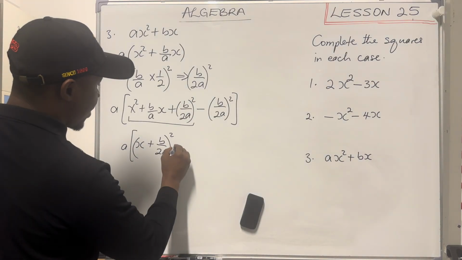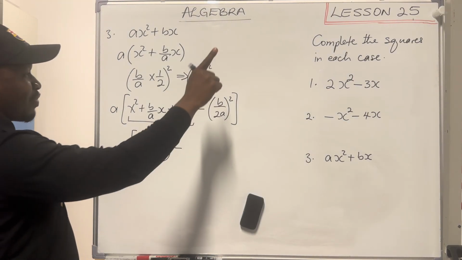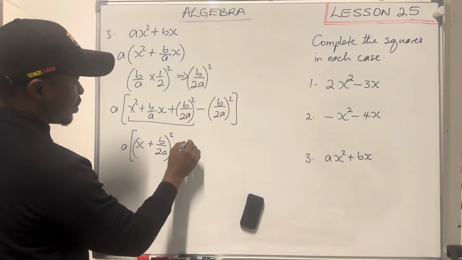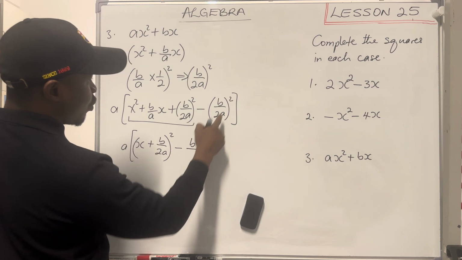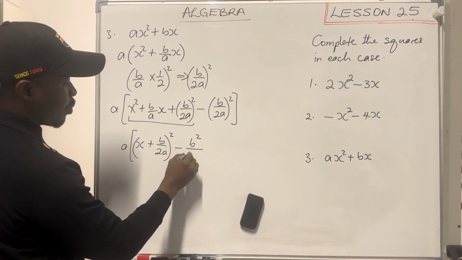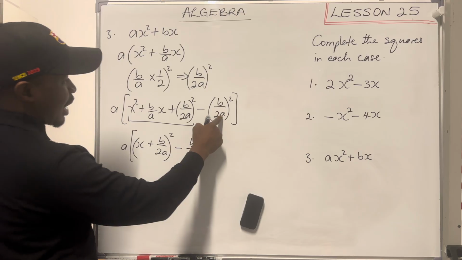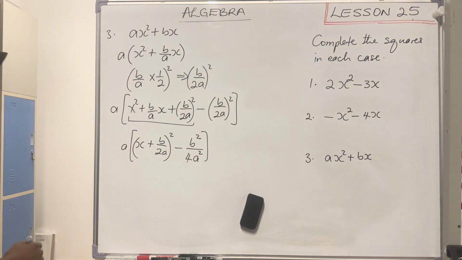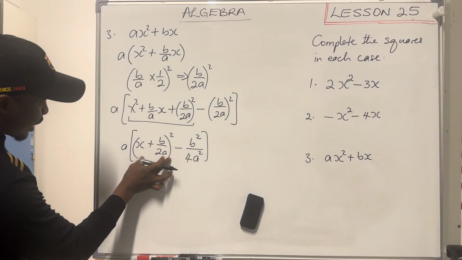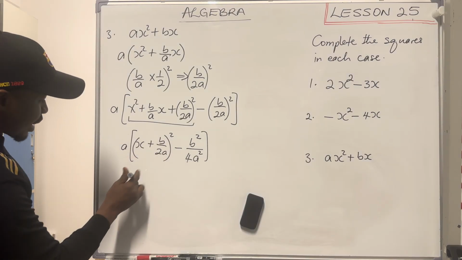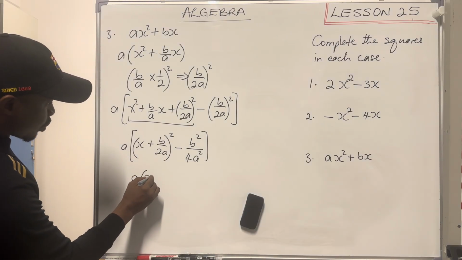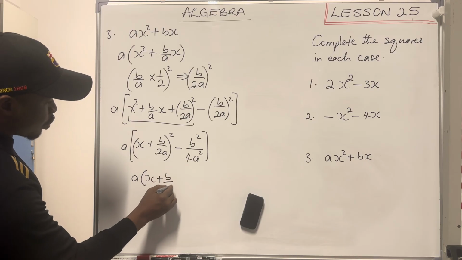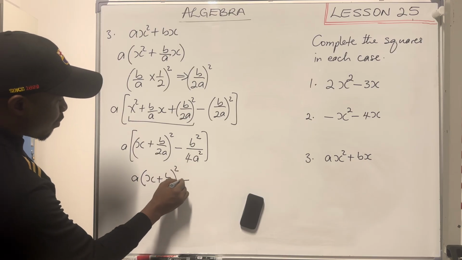Okay, so we say minus. This is the only one we simplify. When the square affects b, we say b squared. When it affects 2, we say 4 because 2 squared. When it affects a, we say a squared. So a multiplies this bracket, we say a times x plus b over 2a squared, minus.